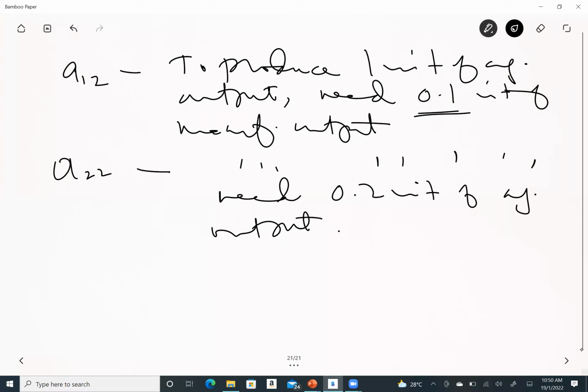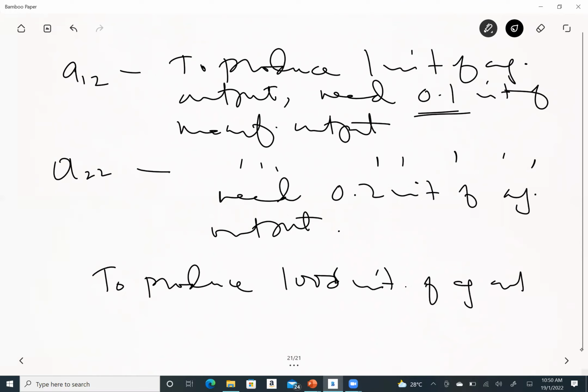So that is for 1 unit. Sometimes they may ask you, what if I want to produce 1,000 units of agriculture output? Then how much manufacturing output do we need?